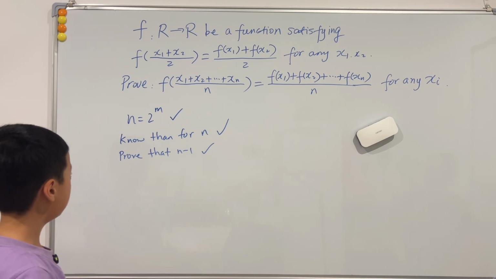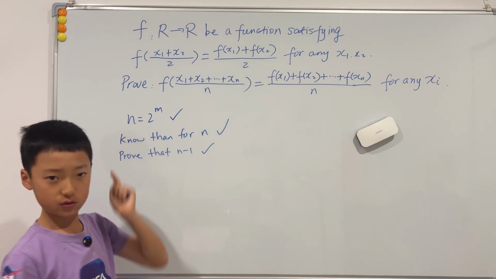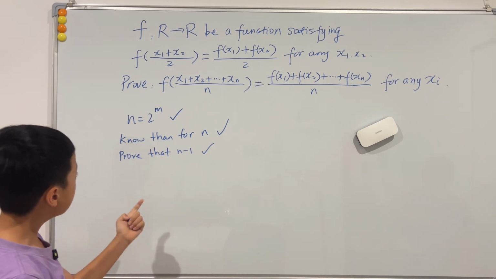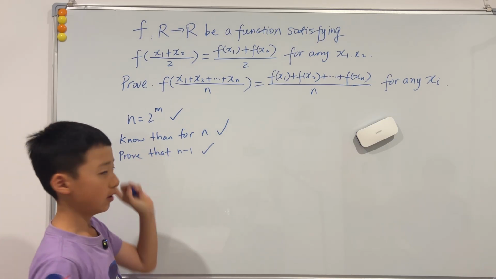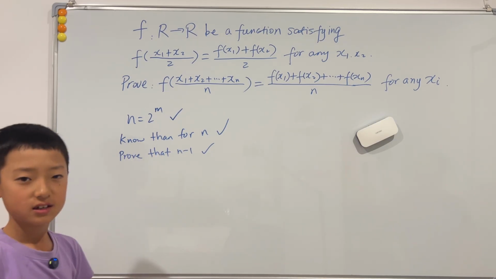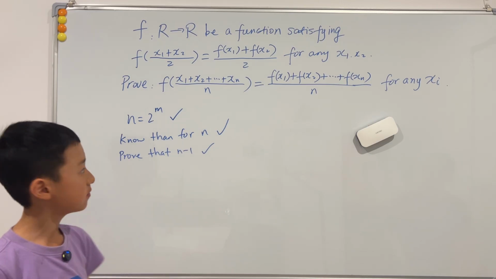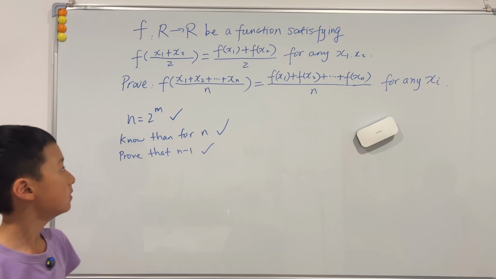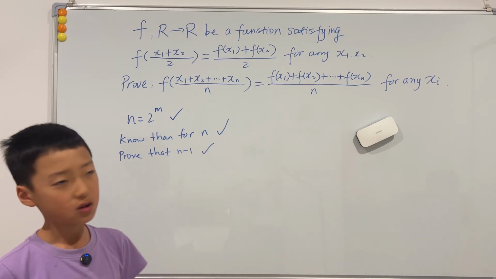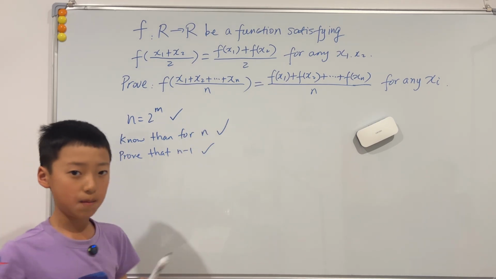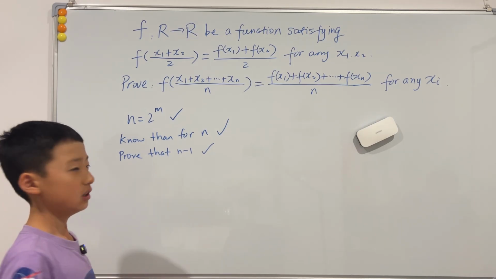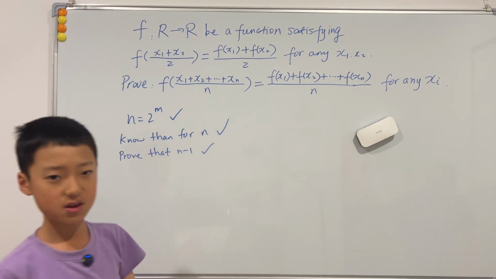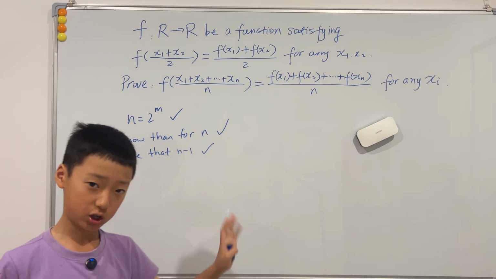Okay, so now that we know that it is true for n is equal to 2 to the power of m, and we know that it is true for n, we have to prove that it is true for n minus 1. So how do we do that? Well, a very common way of changing this n to n minus 1 is we let the last term be the average of all of the terms behind it.